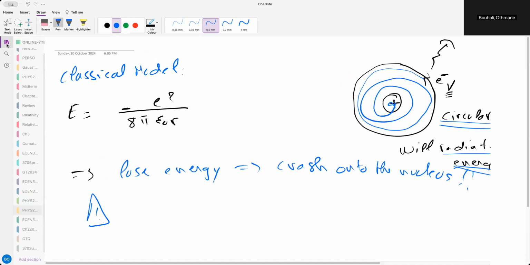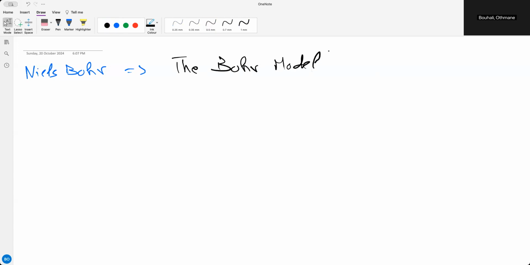Okay. So then Niels Bohr, a Danish scientist, a very, very famous scientist, one of the fathers of quantum mechanics, came up with Bohr's model of the hydrogen atom.